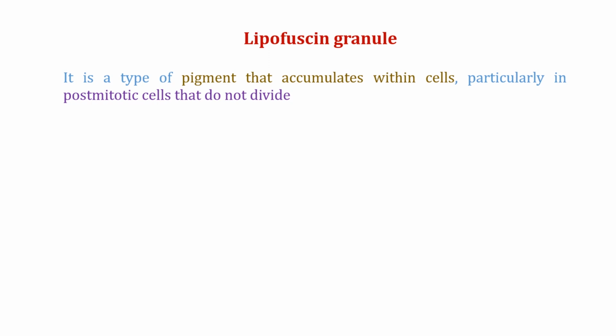It contains a mixture of lipids, proteins, and other cellular residues. The accumulation of lipofuscin is a common feature of the aging cell and is referred to as the wear and tear pigment.